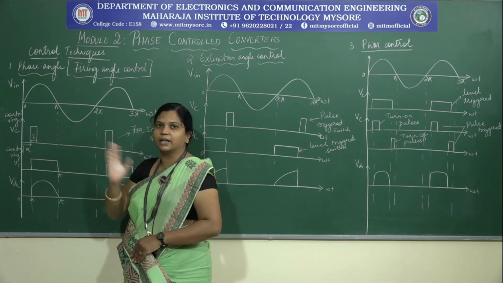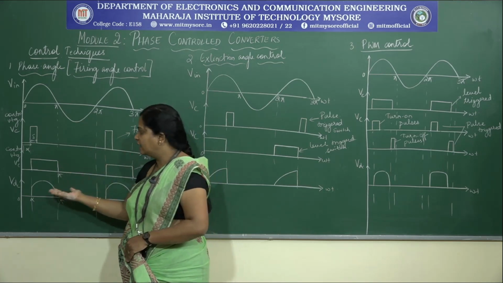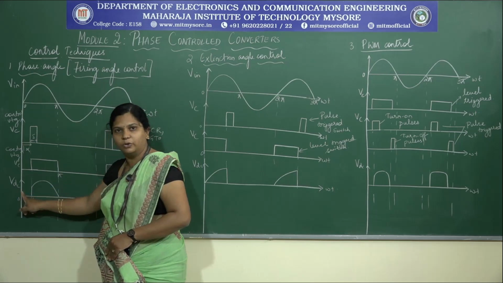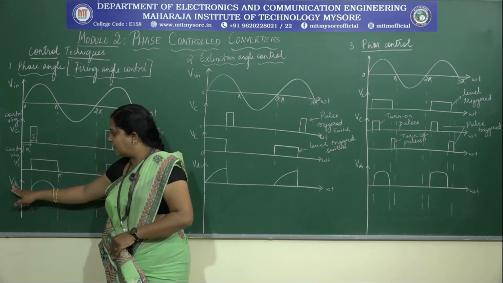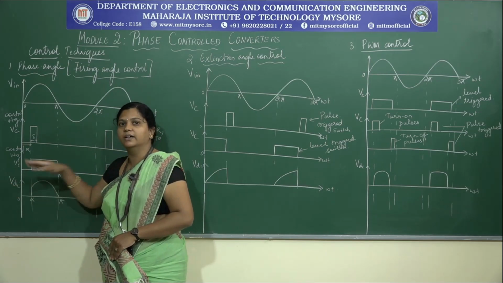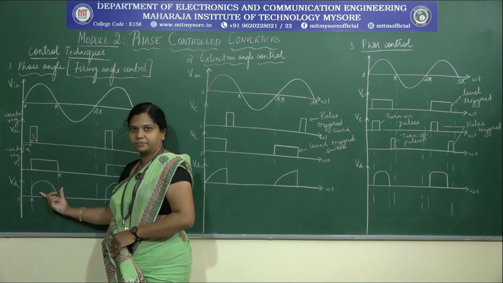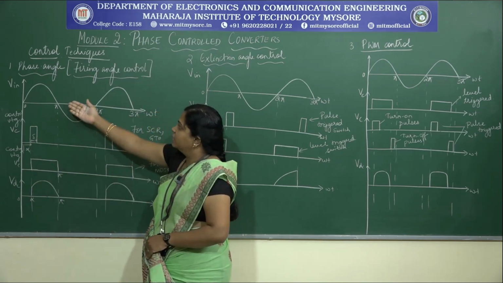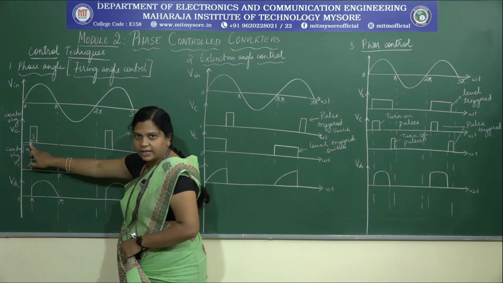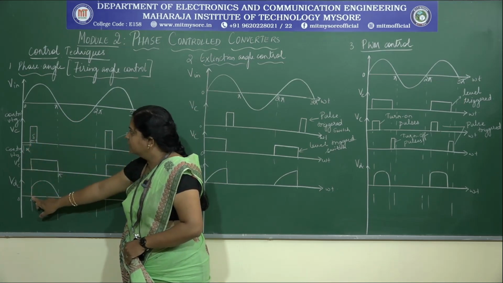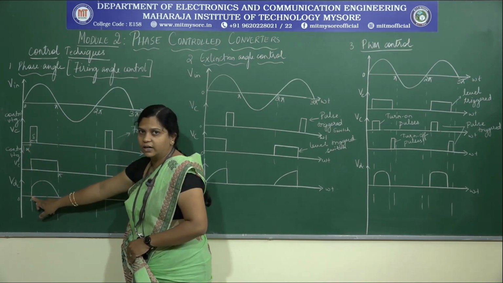So input gets connected to the output, and at the output, VDC, we get a DC component. This is how we get the output at the firing angle alpha when applying the control signal.